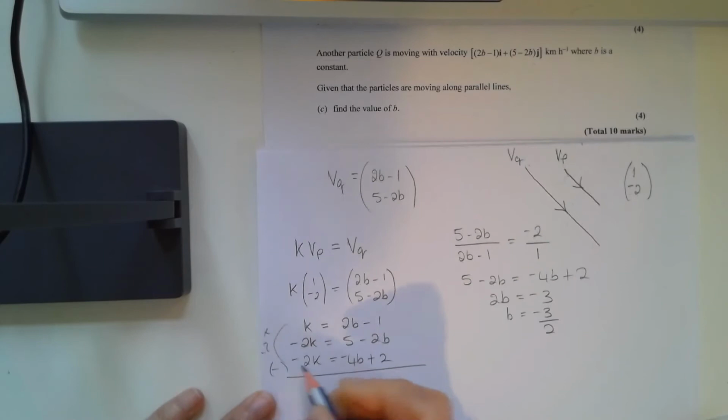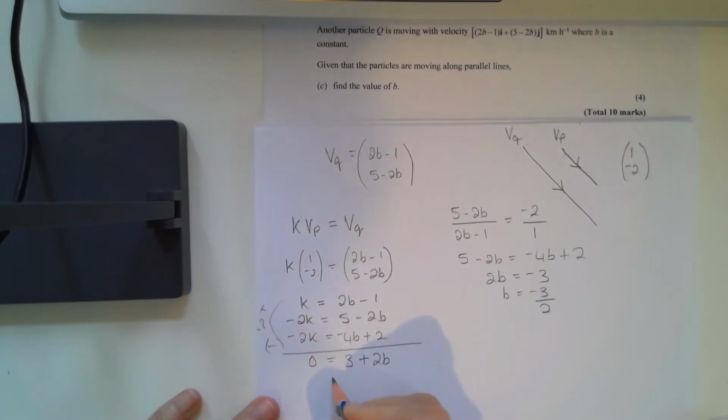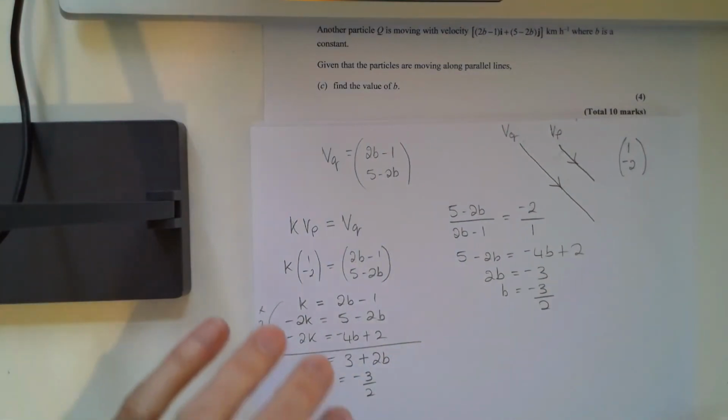Subtract one from the other, and you've got 0 equals 5 minus 2 is 3, negative 2 minus negative 4 is 2b. And so then rearranging that, you still get b equals negative 3 over 2. So either method works.